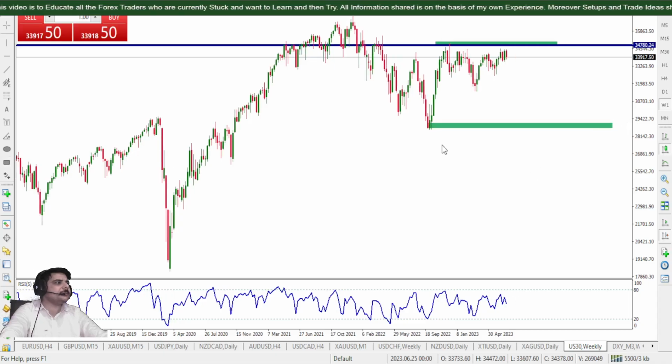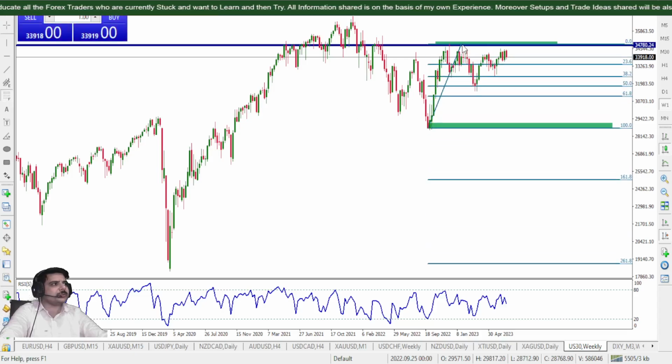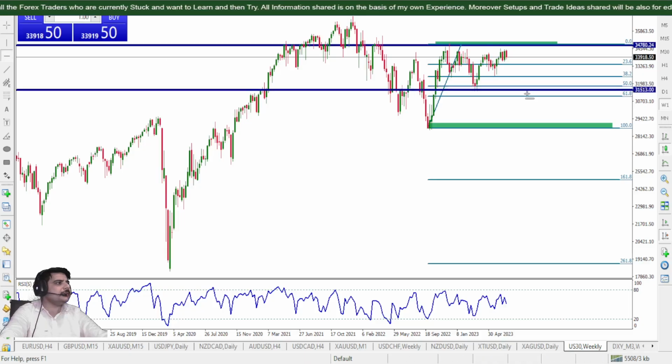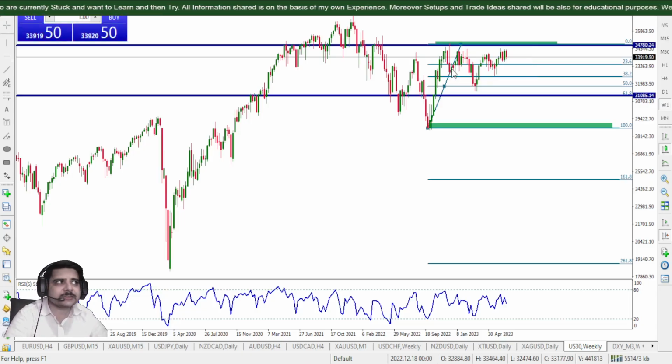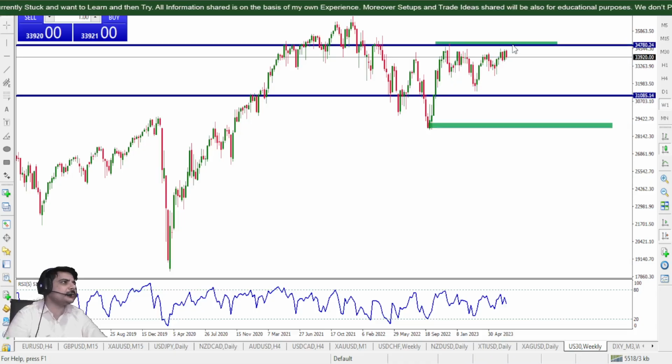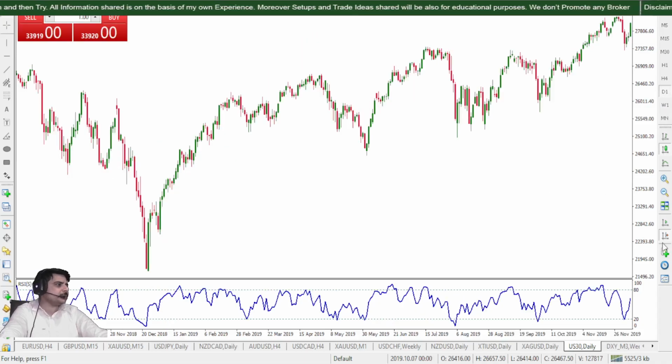We have not even reached the 61.8% retracement of this impulsive leg, at around 31,085. So these levels will be of equal importance for me today. 34,780.24 will be acting as resistance and 31,085 is going to be acting as support.